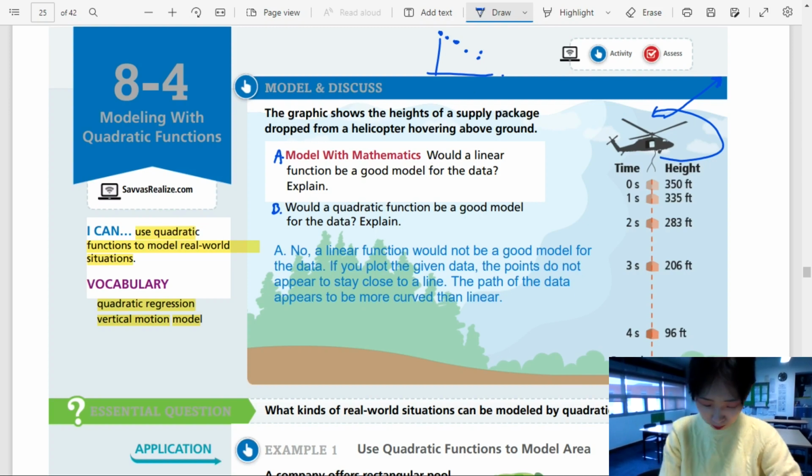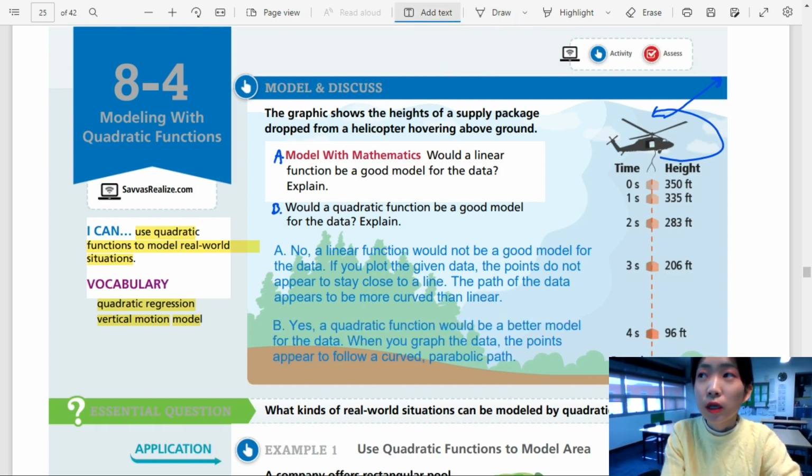Would quadratic function be better? Yes, it would be better because when you graph it, it's going to go in a curve, parabolic, instead of a linear line. Okay, so yes, quadratic function would be a better model.